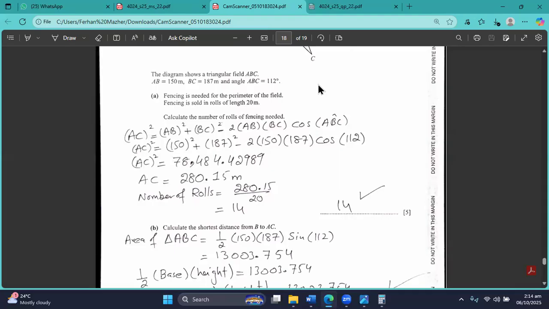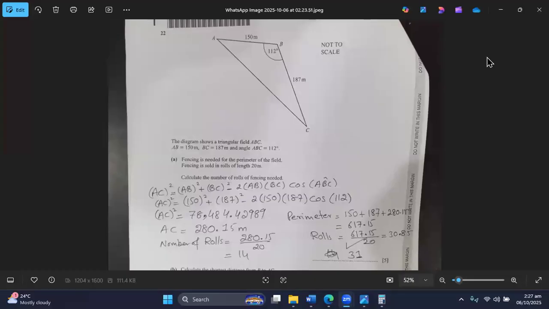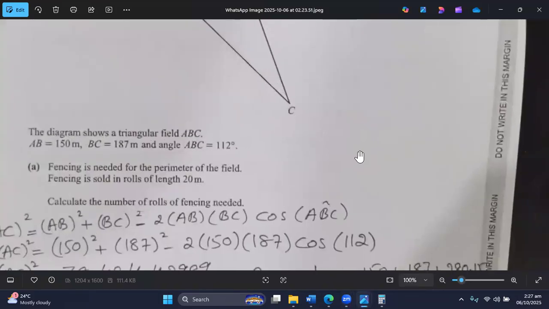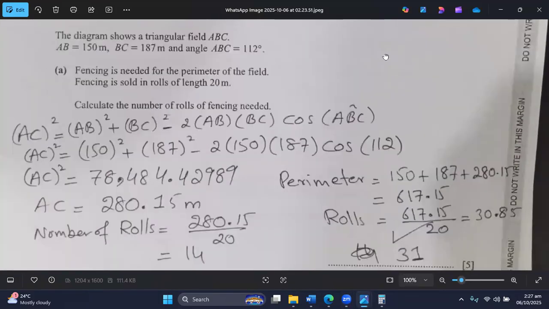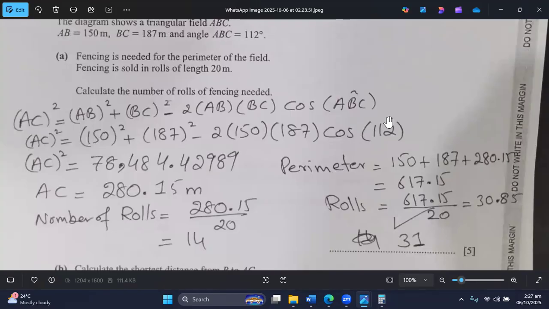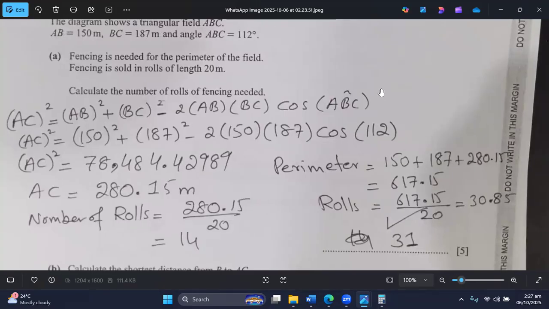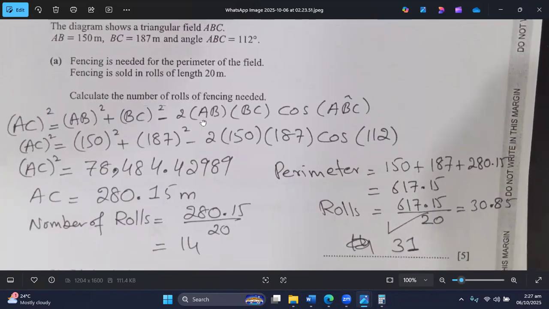Just give me 1 minute. Okay, so what happened actually, I made a small mistake. We found the value of the AC.